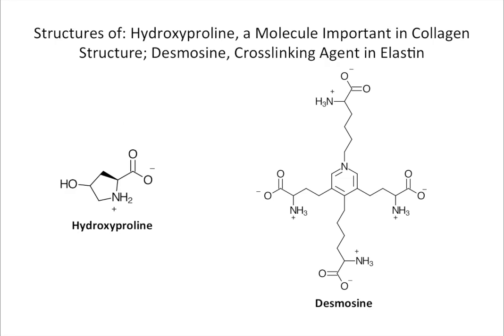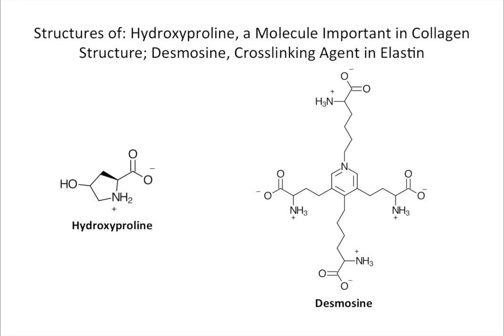Okay, so in addition to the 20 common amino acids that we already looked at, we're going to talk about collagen a little bit, and there are certain amino acids in collagen that are important.